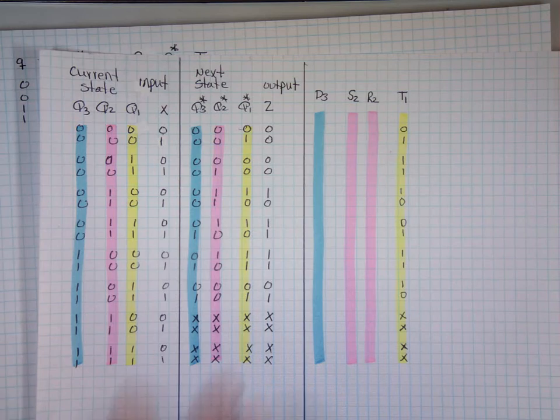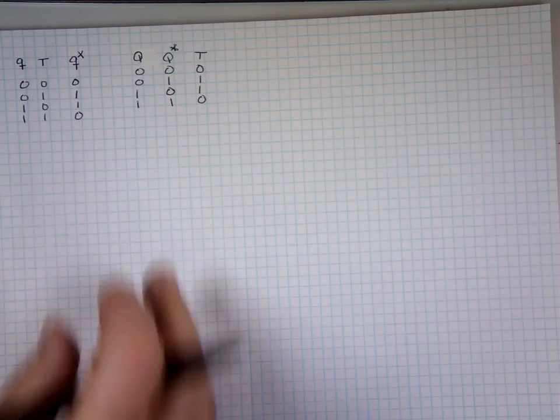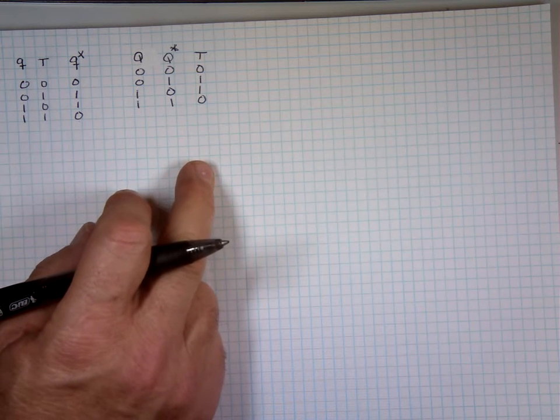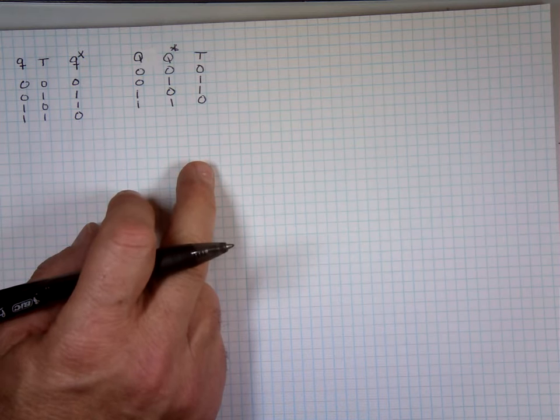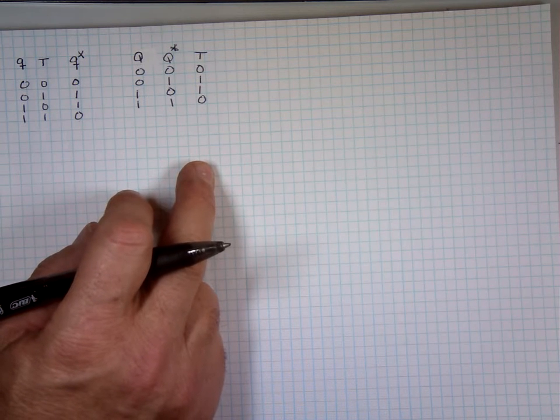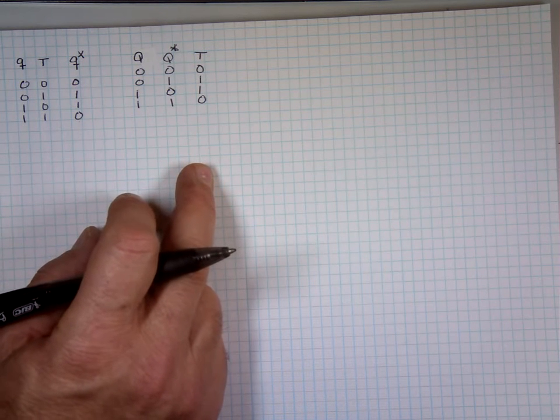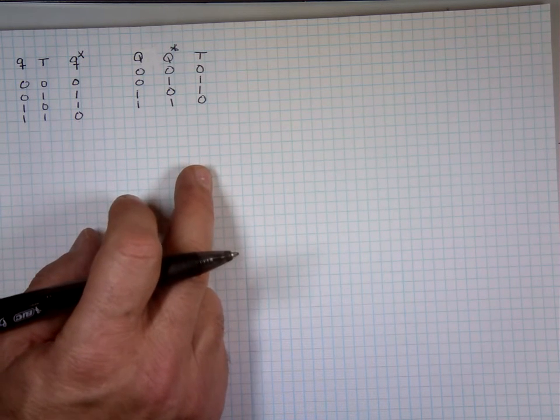Let's look at the next flip-flop. Where is the table for that SR flip-flop and JK flip-flop? If you remember, the SR flip-flop is a set reset.